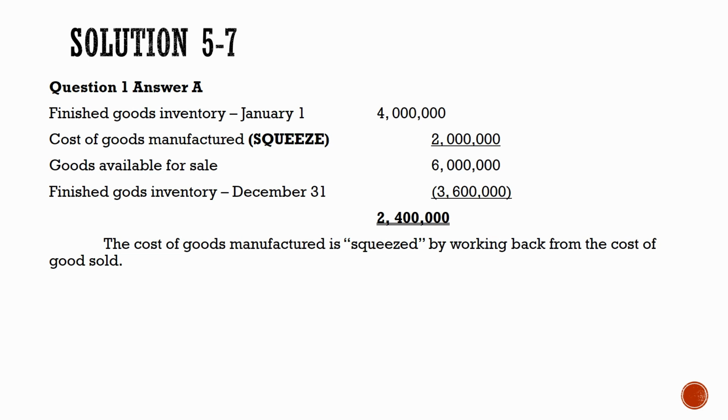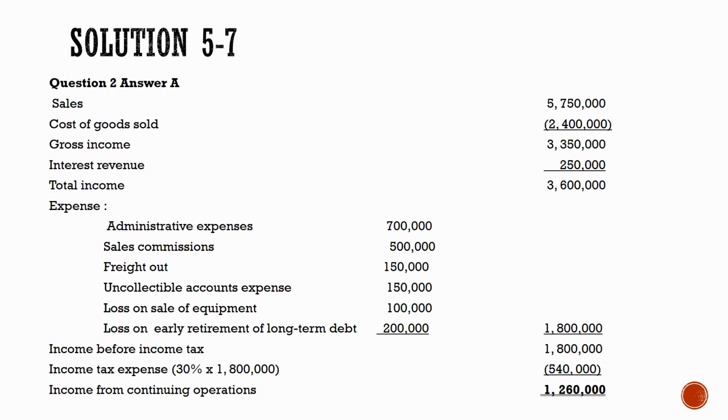So, para makuha ang amount ng cost of goods manufactured, mag-i-squeeze tayo. Gaya ng sinasabi na noong mga reporters sa mga naunang chapter, ay in-squeezing, yung mga add natin ay ating ibabawas at yung mga nabawas natin ay ating i-add. So, magsimula tayo sa cost of goods sold. Ayon sa problem, meron tayong cost of goods sold na 2,400,000. Ito ay i-add natin sa ating finished goods inventory noong December 31 at 3,600,000.